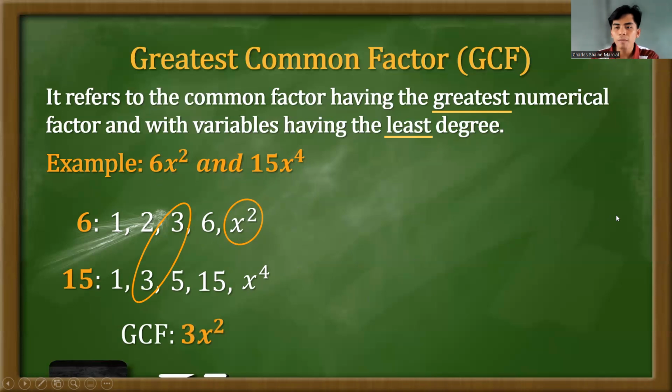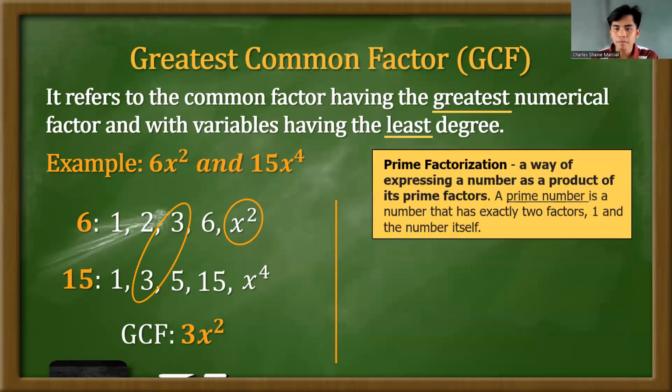Okay? Now, meron din tayong isang strategy or method on how to get the GCF of a polynomial. So, we have the prime factorization. Pag sinabi nating prime factorization, it is a way of expressing a number as a product of its prime factors.